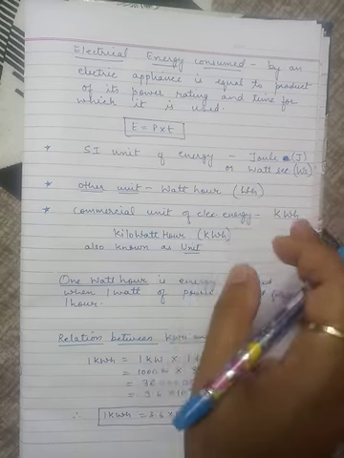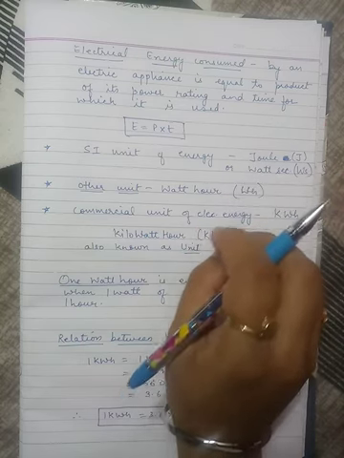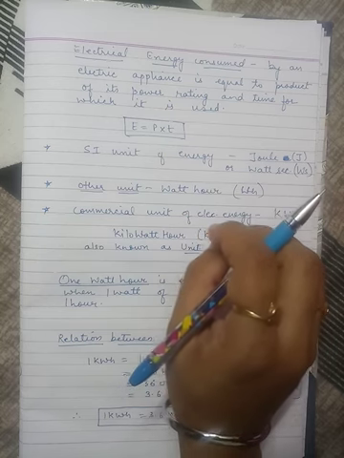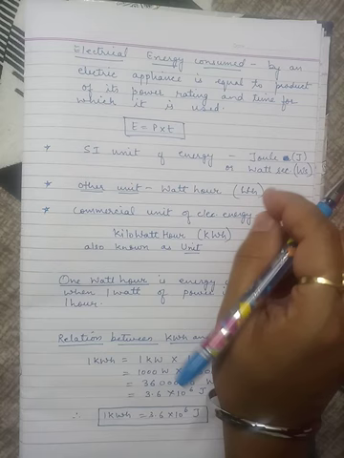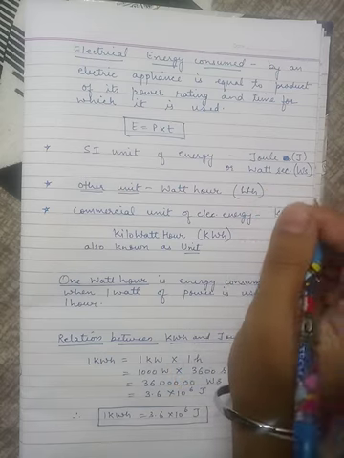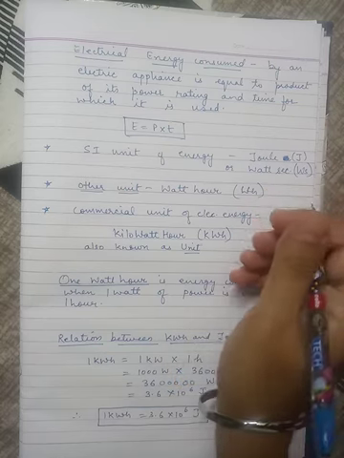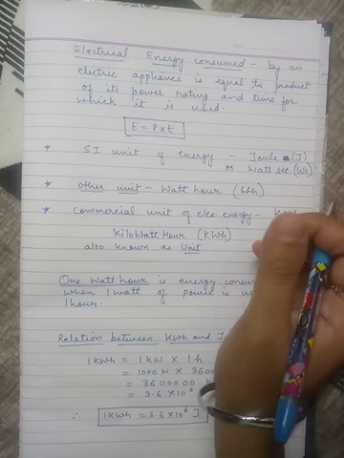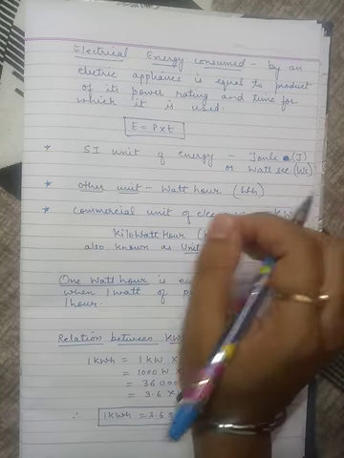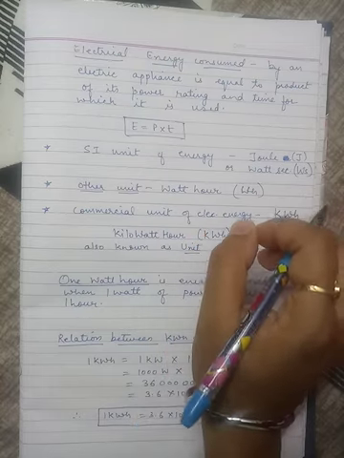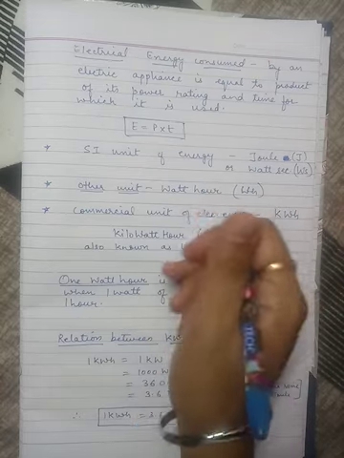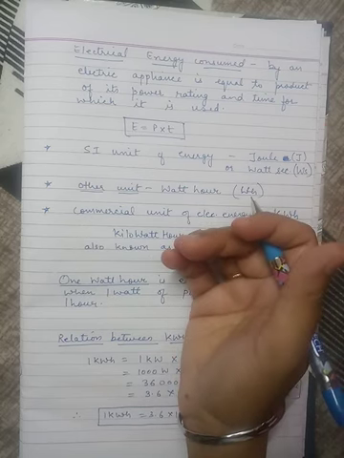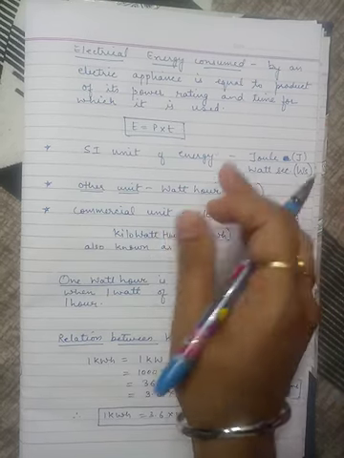For example, if we have a small bulb of 1 watt and we are using it for 1 hour, it will consume 1 watt hour of energy, right? This energy we can convert into joules also. This energy we can convert into kilowatt hour also, as we know.